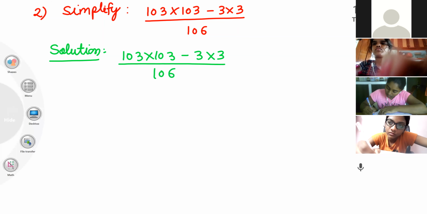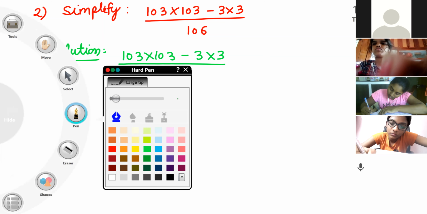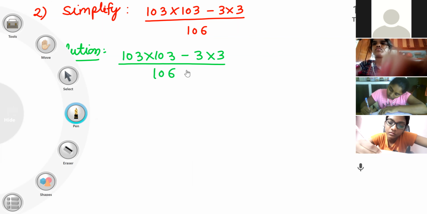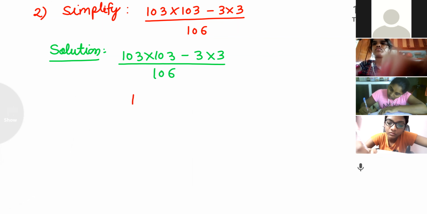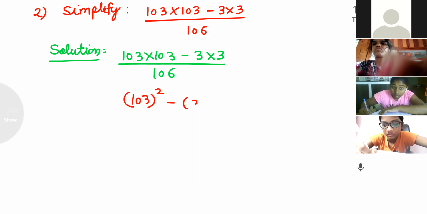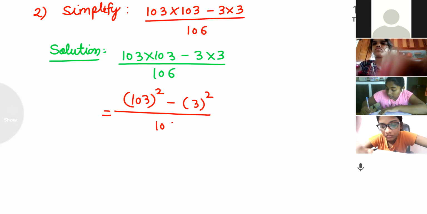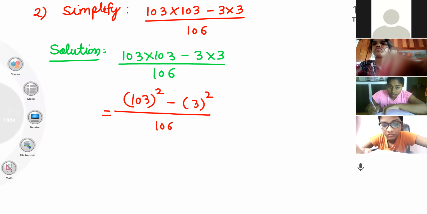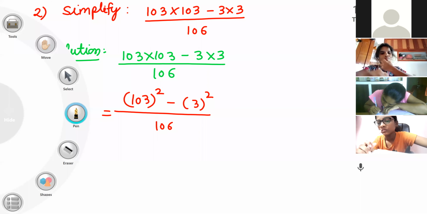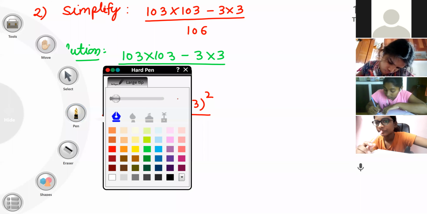In numerator, we are observing 103 into 103 how many times? 2 times. It means 103 whole square minus 3 whole square whole divided by 106.